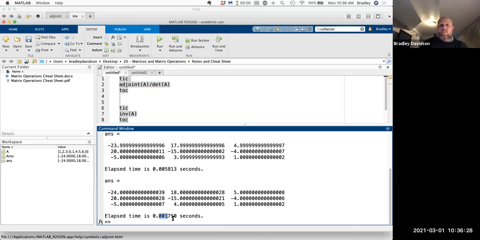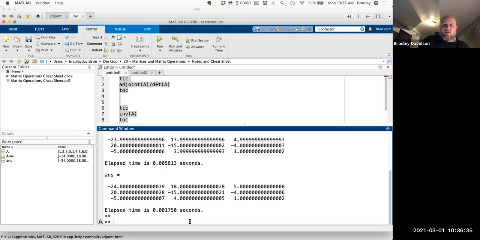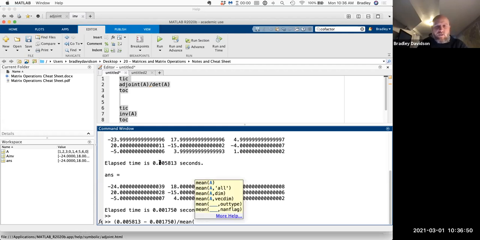So the speed savings here, if we put this in a percent difference, will be: subtract these from each other and then divide by the mean, the average, of these two.